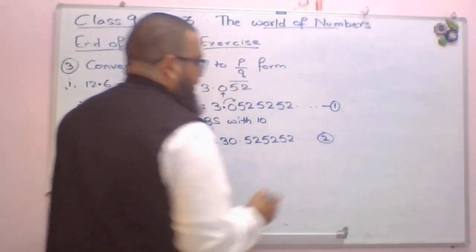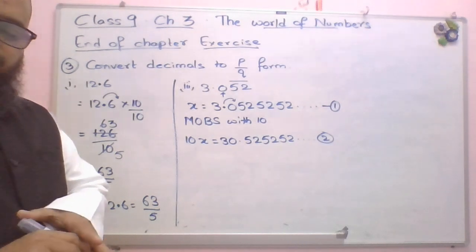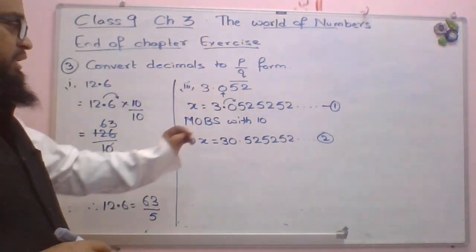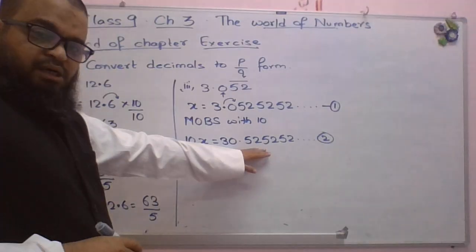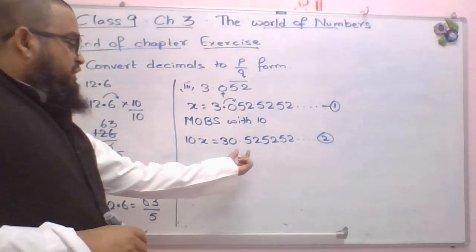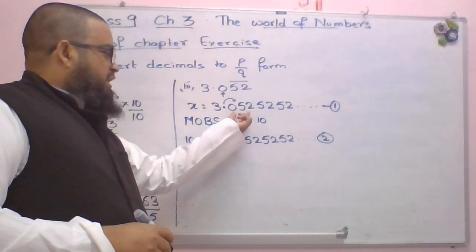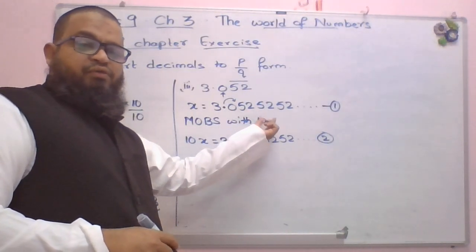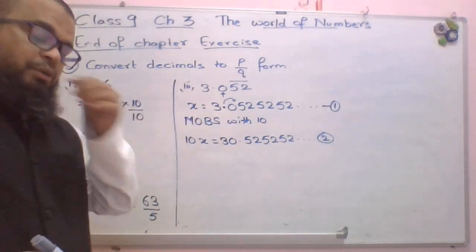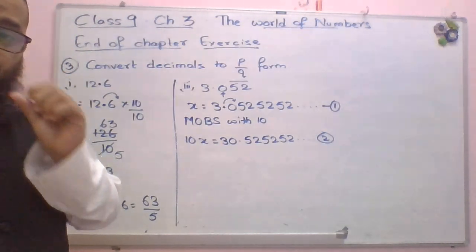So this is second equation. Now the first thing you have to do is, whenever we write this, highlight these equations, check the decimal part. Here it is 525252. And what about the decimal part here? 0.525252. No. So the decimal part should be equal.